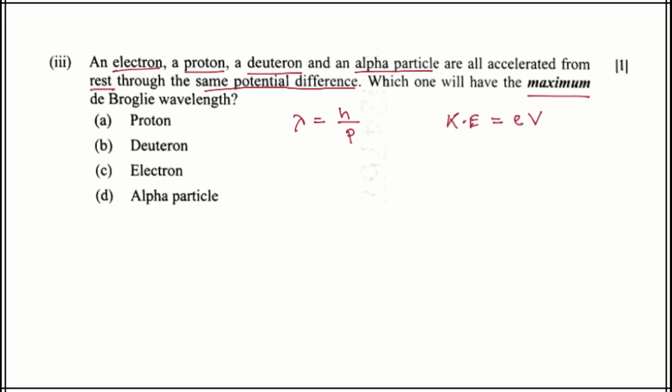So in this case, we have 4 individual particles, and if we draw the formula together, it will give us lambda equal to h by mv. This v is the velocity as p is the momentum. Again we know p square equal to 2 into mass into kinetic energy, that is KE. So therefore we can write 2m, instead of K we write E into V. This is electronic charge.